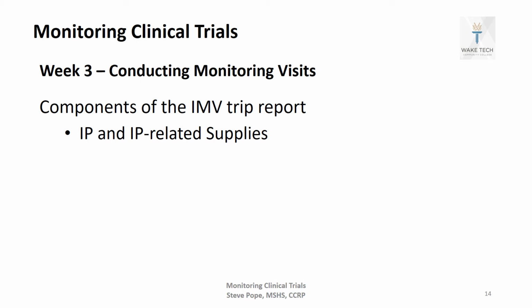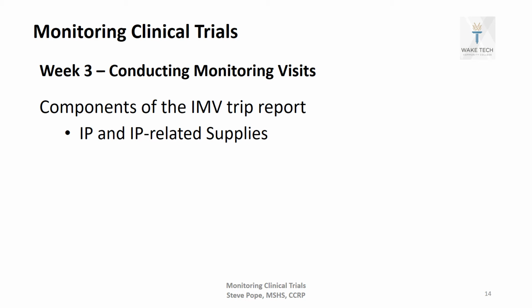Investigational product, or IP, and investigational product related supplies. We want to verify and account for all IP at every visit. We want to make sure that the inventory that the site is supposed to have on hand, they indeed have on hand. Is it being stored properly? If it requires refrigeration, is it being refrigerated?